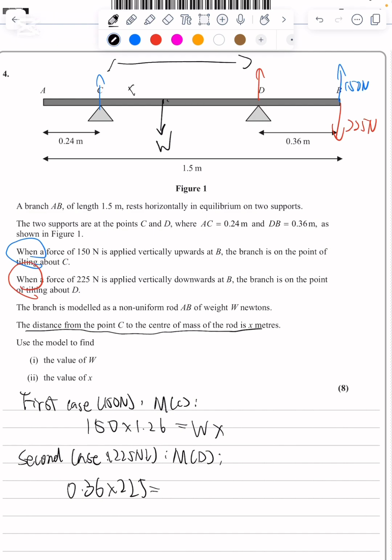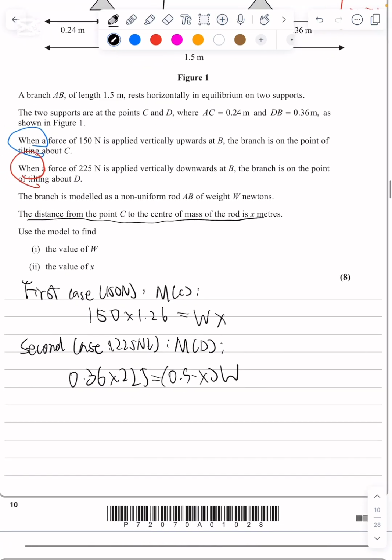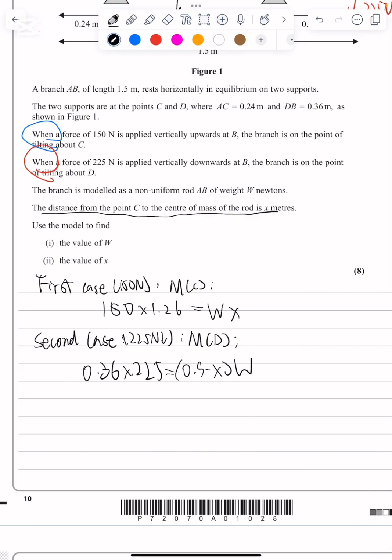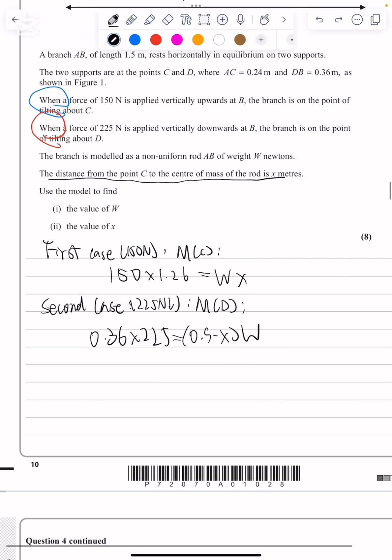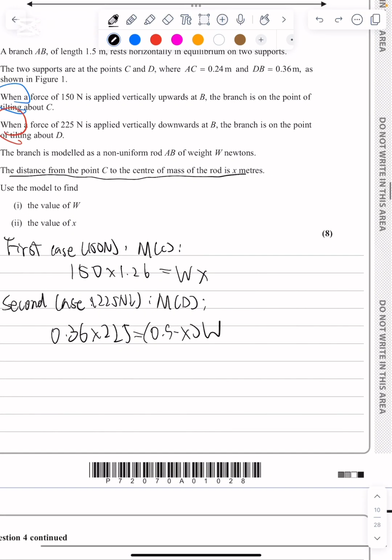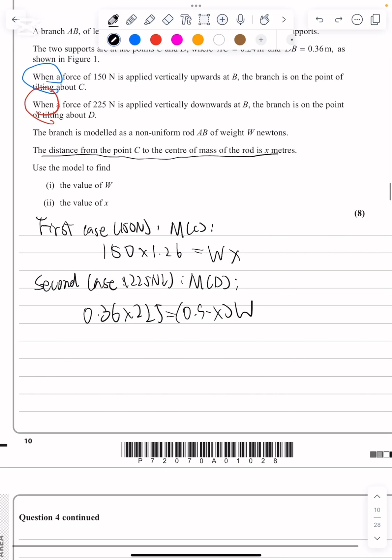This whole thing is 0.9, so this is 0.9 minus x, times W. The difficulty in this question is just how you get these two equations. If you get these two equations, you have all the points.